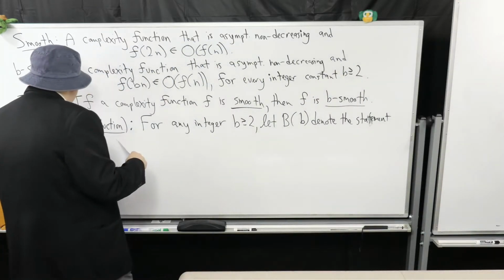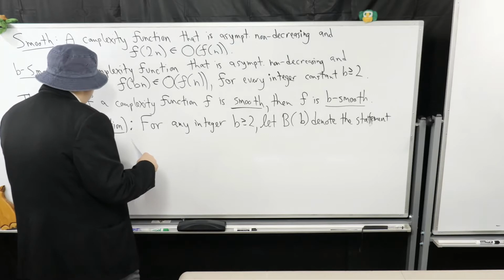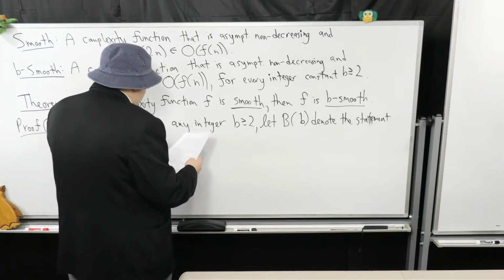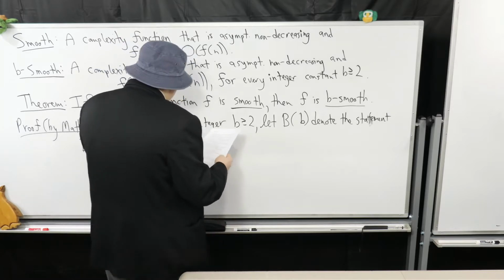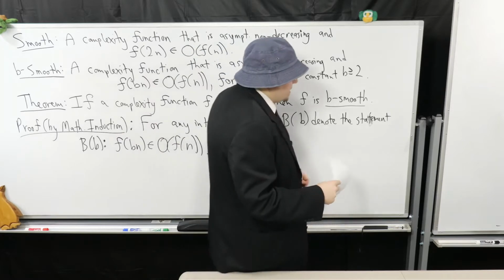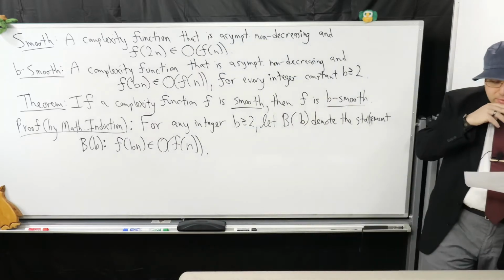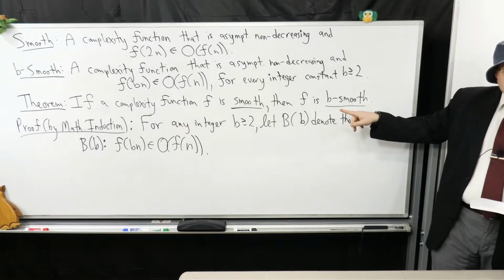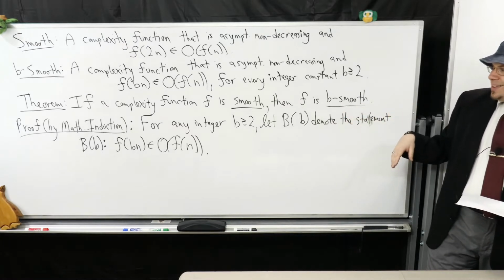B of b is going to be f of bn is big O of f of n. That's what I'm going to perform induction on. So that's going to be my goal, is to prove this for any one of these b's greater or equal to 2.